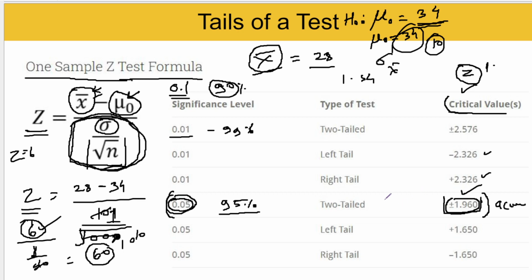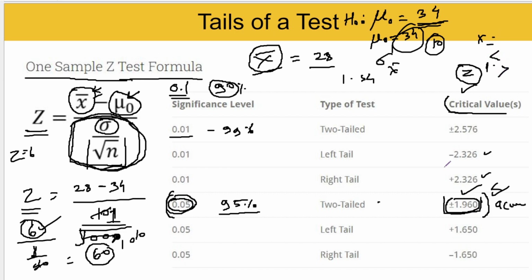Some tests will say if the test statistic is greater than this, then only we will accept; somewhere it will say if it is less than this, then only we will accept. So while you are designing your null hypothesis, like I have said here, it's not equal to, or it is less than, or it is greater than.